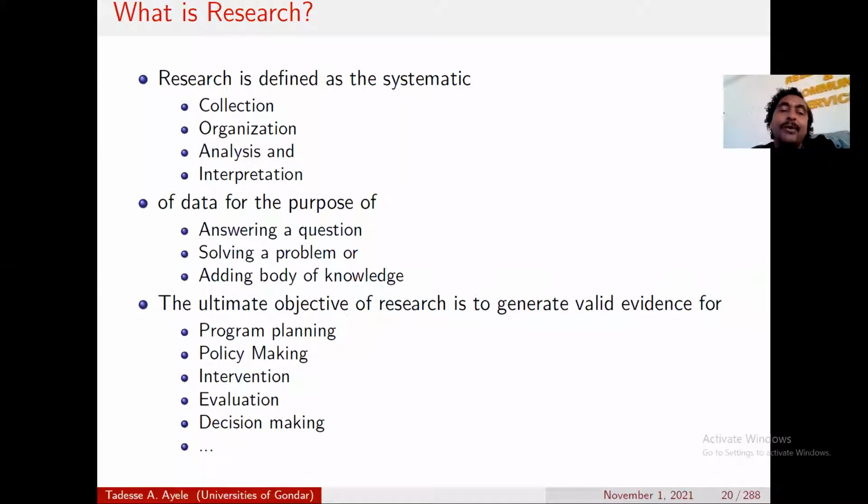Research is defined as a systematic collection, organization, analysis, and interpretation of data for the purpose of answering a question, solving a problem, or adding to a body of knowledge. For your information, we conduct research for three purposes.